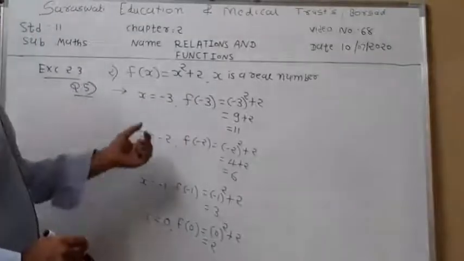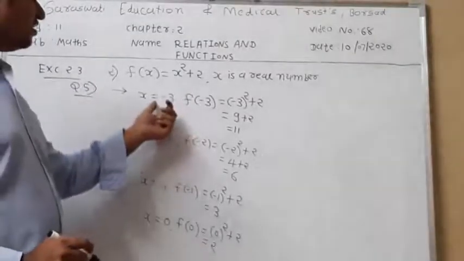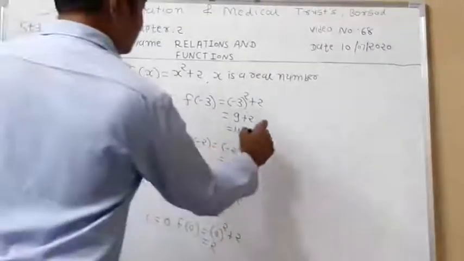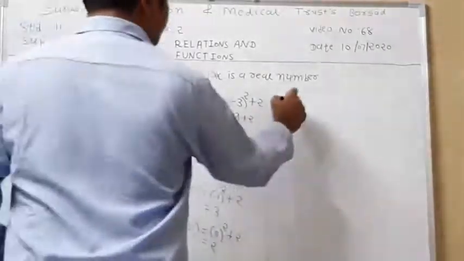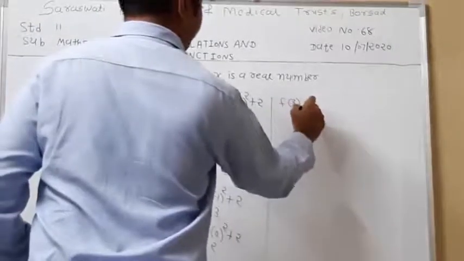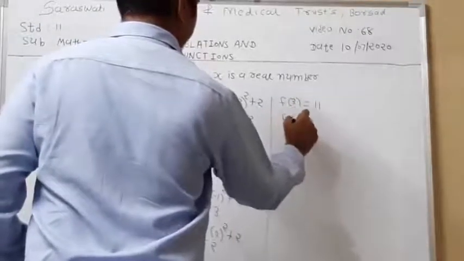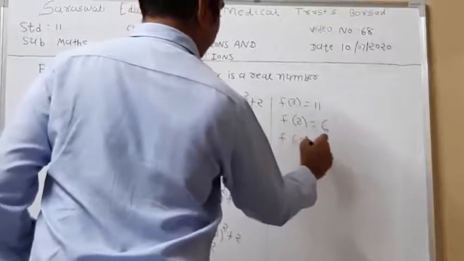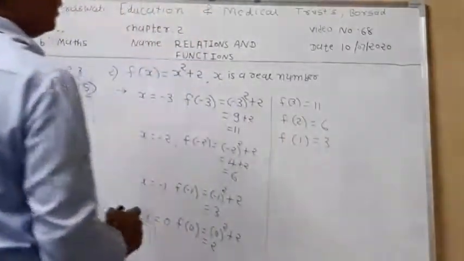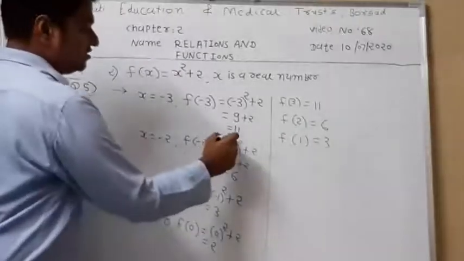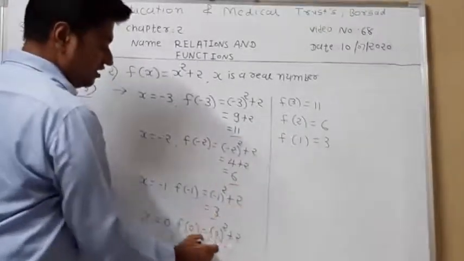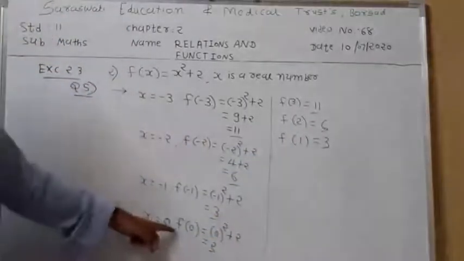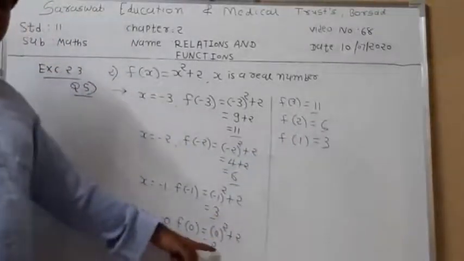Now we can consider x is equal to 3. So again we get the same answer: f of 3 is equal to 11, f of 2 is equal to 6, f of 1 is equal to 3. Right? So our range is all these values, positive values, and substituting x equal to 0, the minimum value is 2.